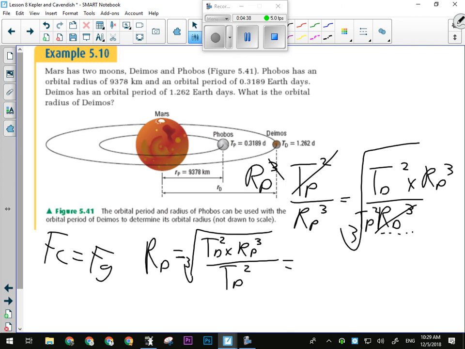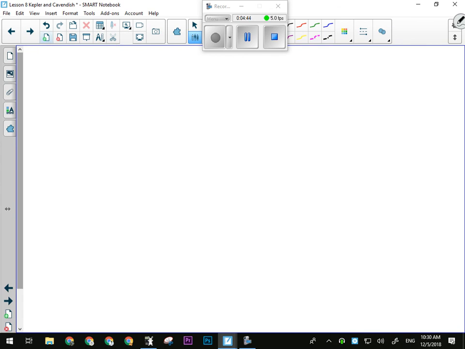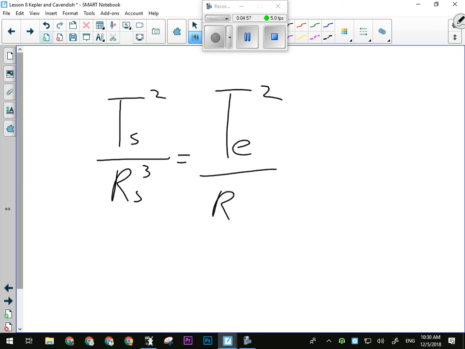All right. So I don't want you to get confused, guys, because here's what I see people do with satellite motion problems. They're like, oh, I so want to use Kepler's law because it's so much easier. So they go, all right, this satellite's orbiting the Earth. So I'm going to take the period of the satellite squared, and I'm going to put that over the radius of the satellite cubed, and I'm going to set that equal to the period of the Earth squared over the radius of the Earth cubed.